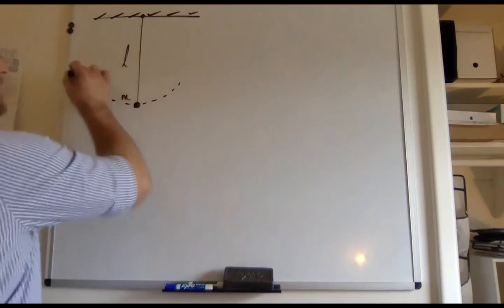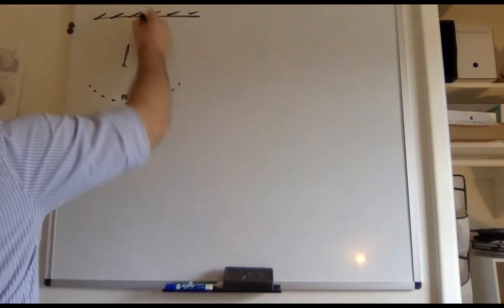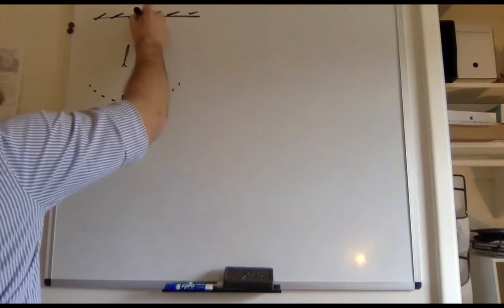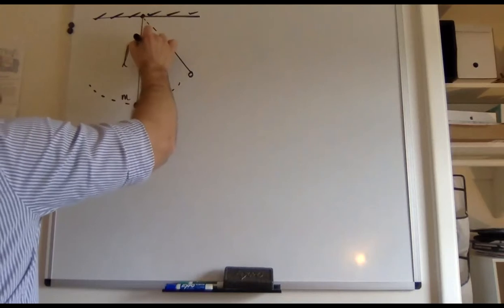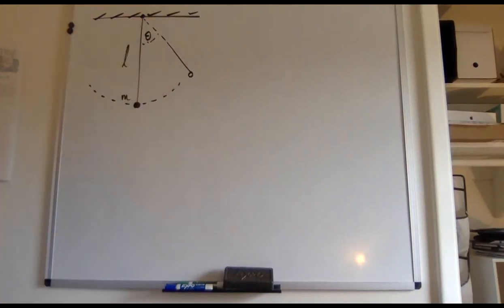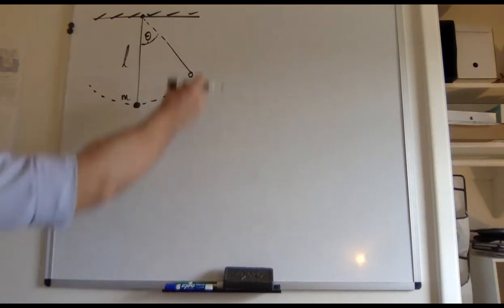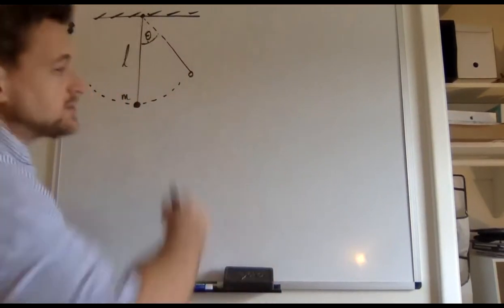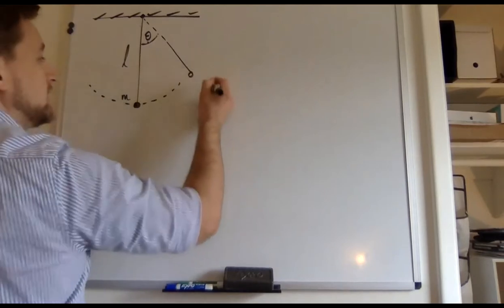So we'll have some sort of circular arc if we drag the mass up to some angle from vertical, theta. And we let go, we know from experience that it'll swing down through equilibrium.